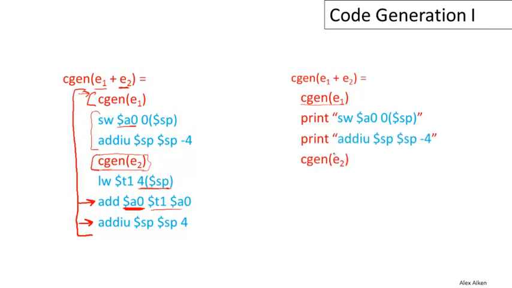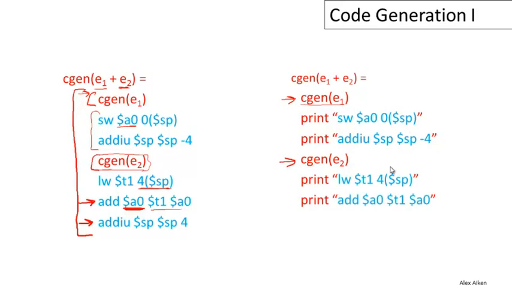And then we generate the code for E2, and now these calls to code generation are also printing into the same file. So this has printed out the instructions to execute E1. This is printing out the code to do the push. We print out the code to do E2, and then we print out the code to do the add and the pop.